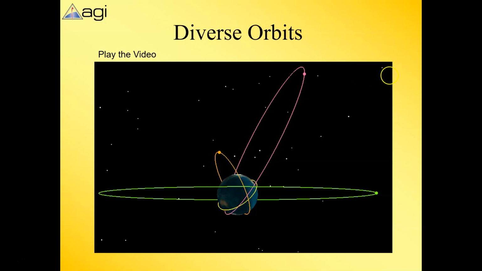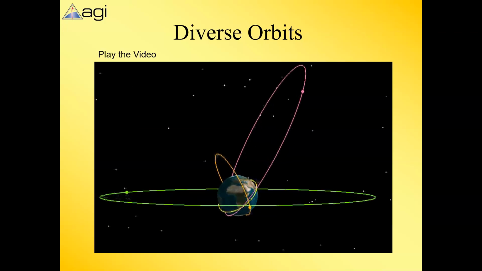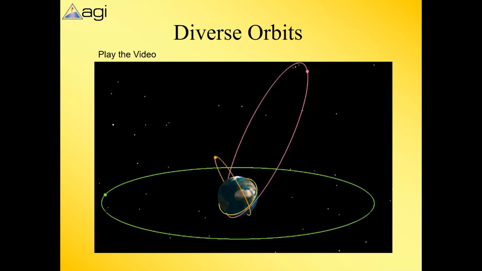Let's take a look at some different kinds of orbits, and let's watch this video. I'm going to let this play out, but we're going to talk a little more about these different kinds of orbits. As it rotates, you see the green one. The dot represents a satellite. It's going slow.